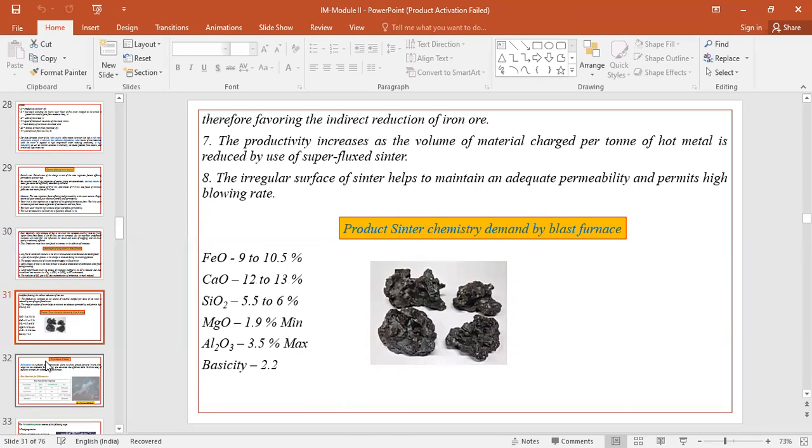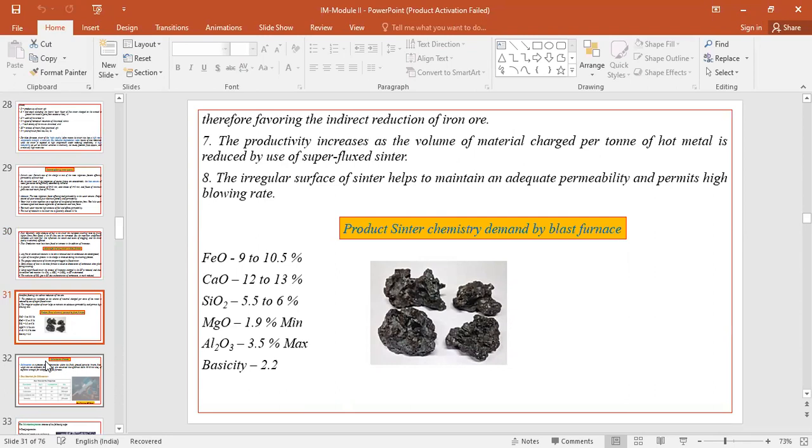Moreover, if you see the morphology of these sinters, they have very good porosity. So the diffusion of reducing gases within the sinter is very effective, and the reduction rates inside the blast furnace will also be more.